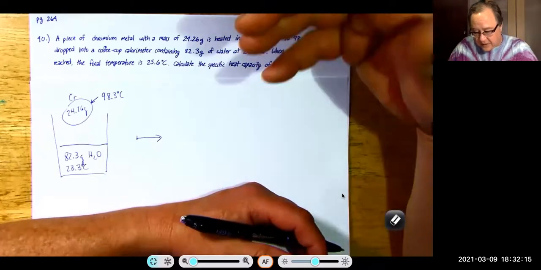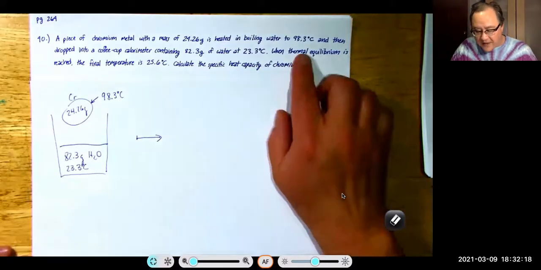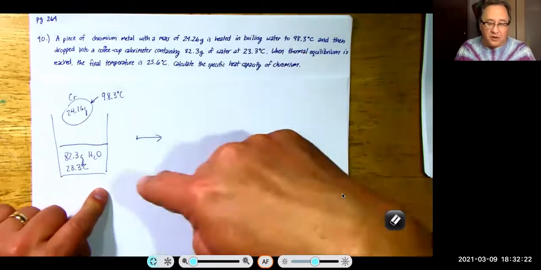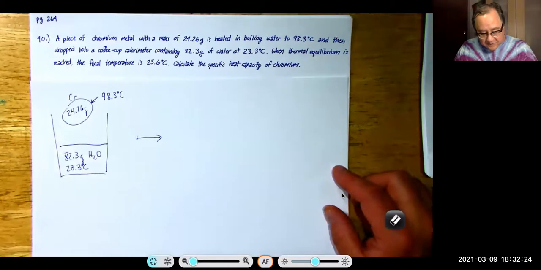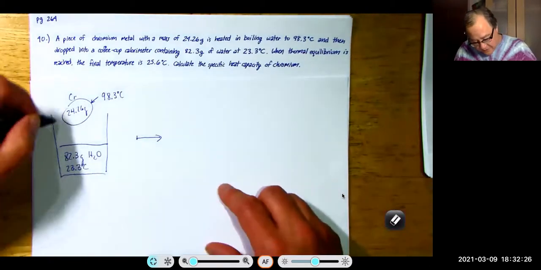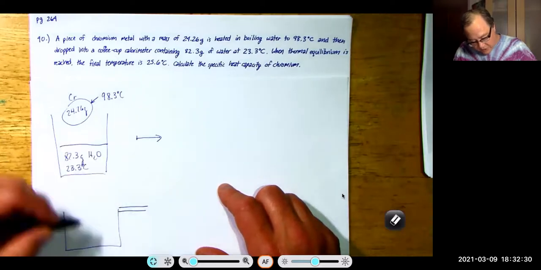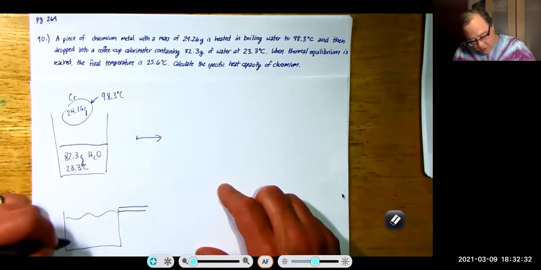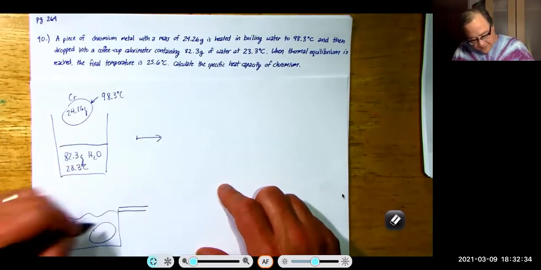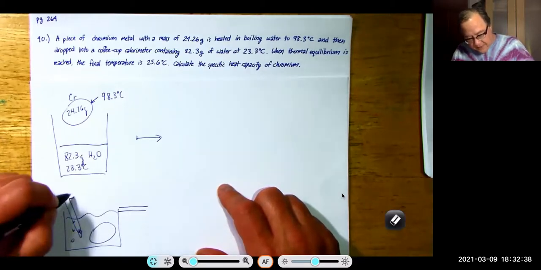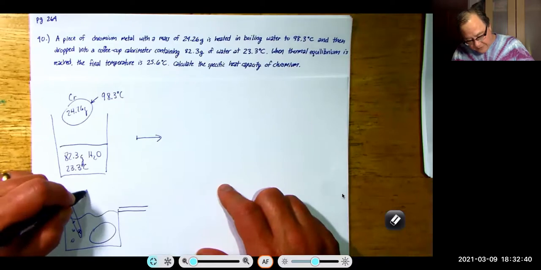So how do you find out how hot the metal is? You put your thermometer in the boiling water. So this piece of metal, before you take it out, is in a pot of boiling water. Here's my roiling water, here's my piece of metal, and you have a thermometer in here and you measure that temperature of 98.3 degrees Celsius.